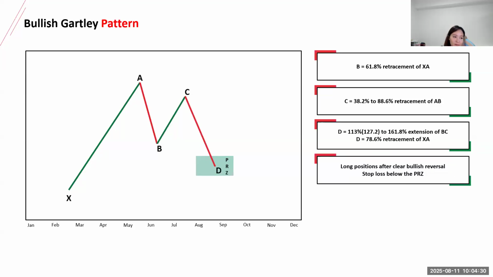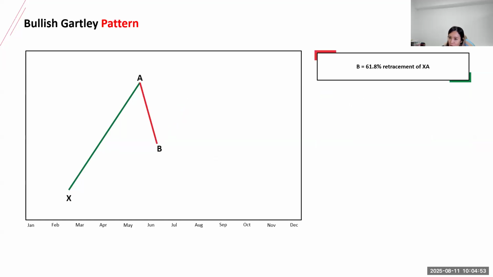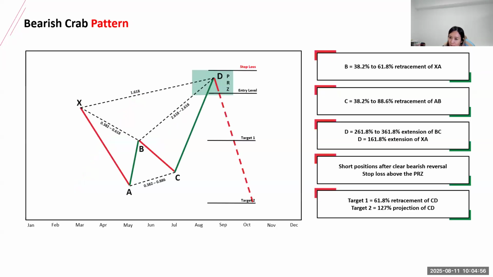Now, can you remember how many percent B retraces? We have covered 4 patterns already. Butterfly, B retraces 78.6%. Bat pattern, what we covered just now, 38.2 to 50%.